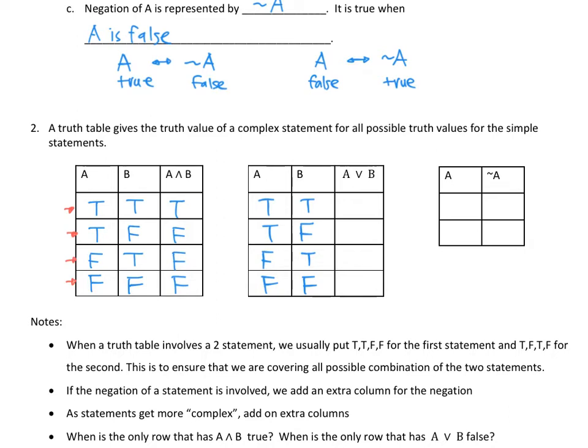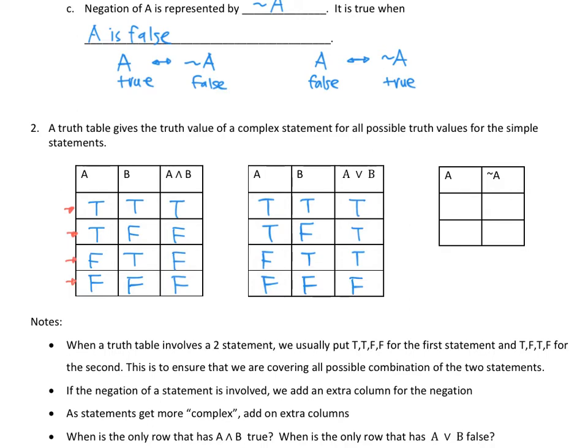In this case, it's A or B. If A is true and B is true, A or B is true. A is true, B is false, doesn't matter because A is true, so A or B is also true. Same for the third one. The only time it's false is this last row.